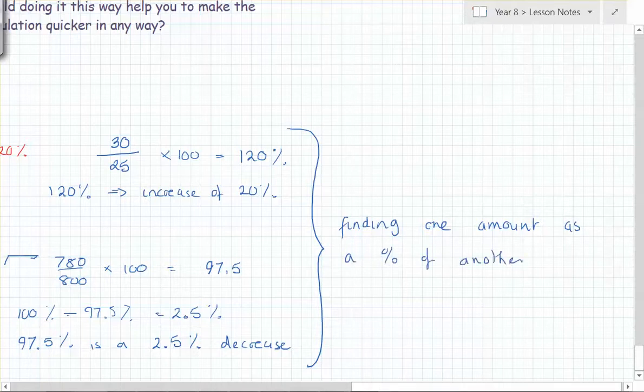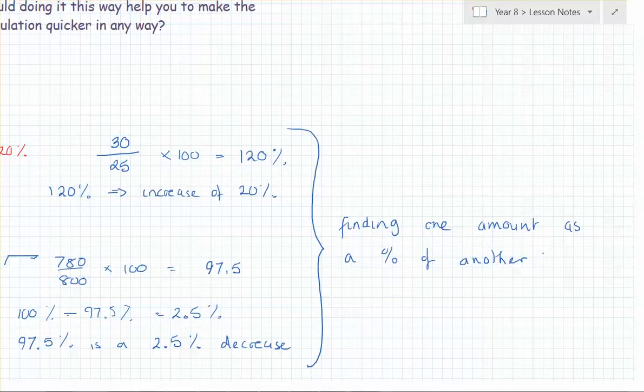Alright? So, basically then I can interpret this in a different way. I can say 30 is 120% of 25. Yeah? I can say that 780 is 97.5% of 800. That can then be interpreted as an increase or a decrease.